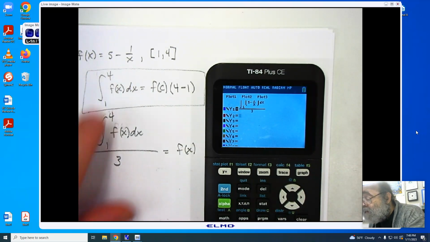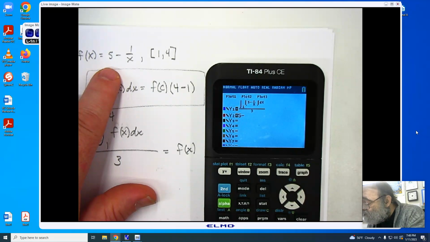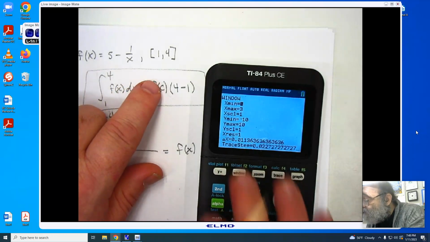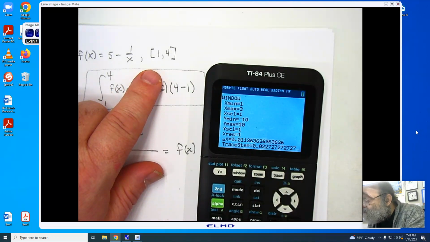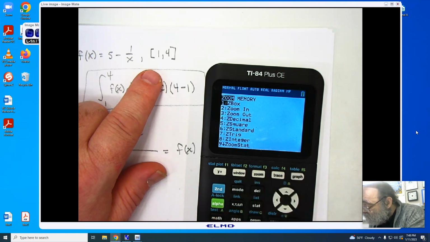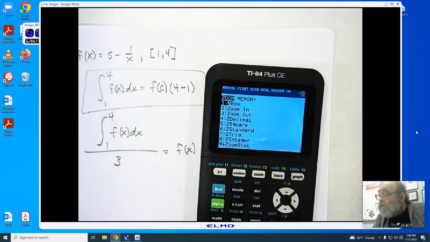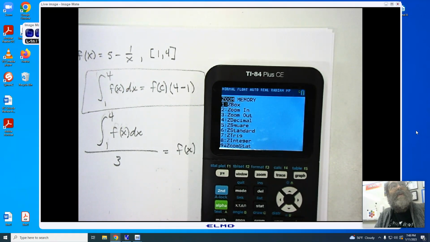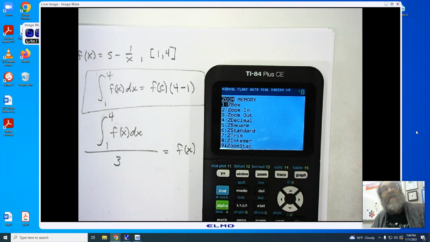In y2 I'm putting 5 minus 1 over x. I'm now going to look at my interval from 1 to 4, and hit zoom fit. That's zoom 0, and it should give me both graphs, and then I should be able to see the intersection. That's my goal.